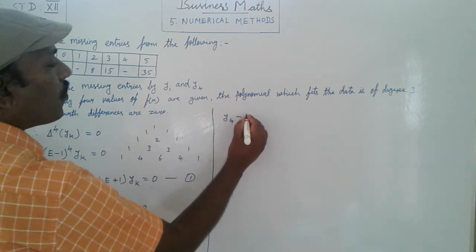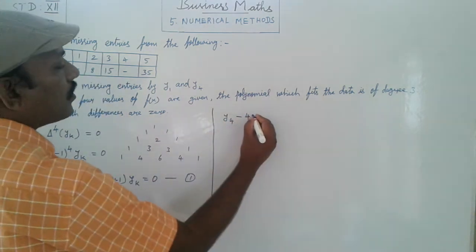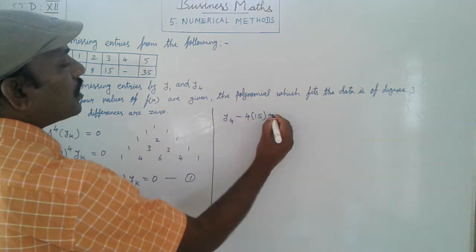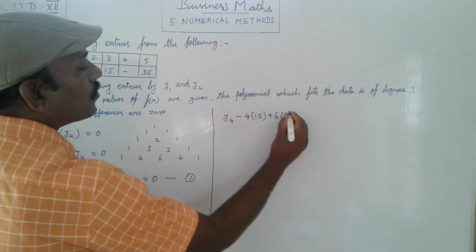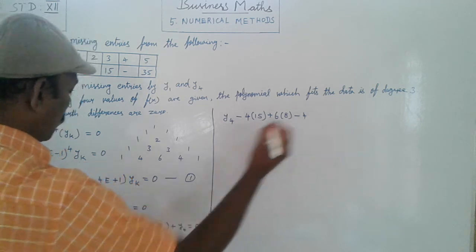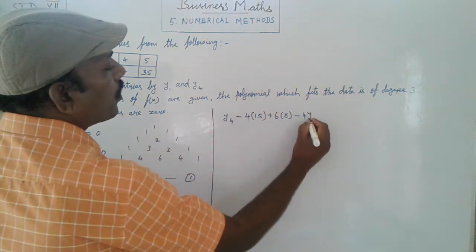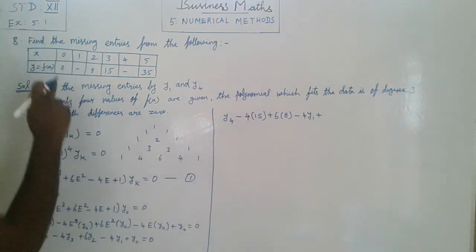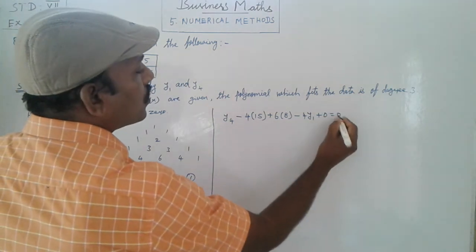Next minus 4 y3. Y3 is what? 15. 4 into 15 plus 6 into y2. Y2 is what? 8. Next minus 4 into y1. Y1 we should find out. So 4y1. Next plus y0 value is 0. Substitute here, 0 equal to 0.